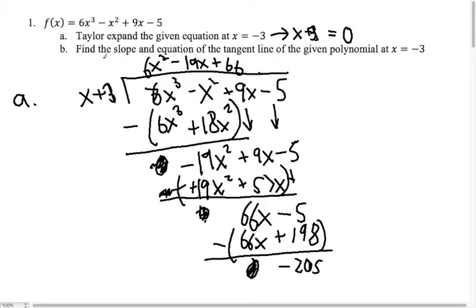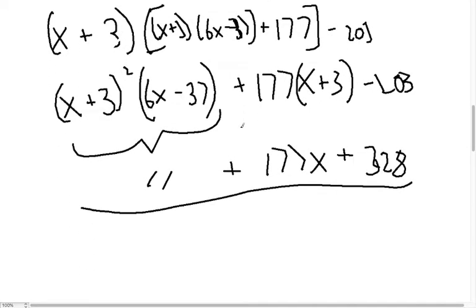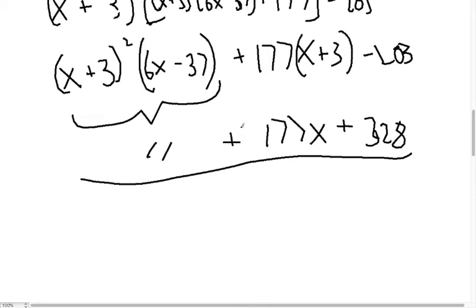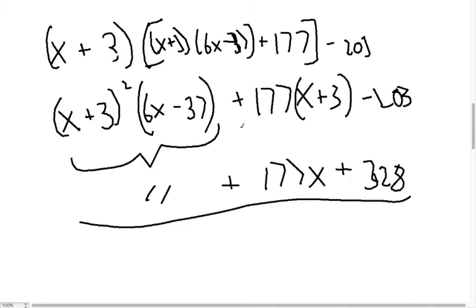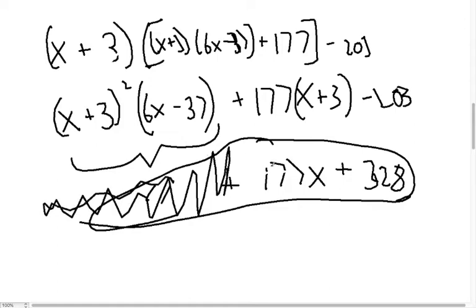Now, going back and looking at part B, we are told to find the slope and the equation of the tangent line of the given polynomial at the same point we used before. And that becomes very simple, because in order to find the equation and slope of a tangent line of a polynomial, you have to do Taylor expansion. And Taylor expansion brings you to this point that we got to earlier. So once you are at this point, all you do is disregard the front part and focus on this back half.